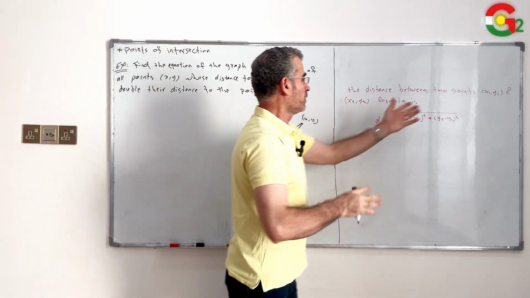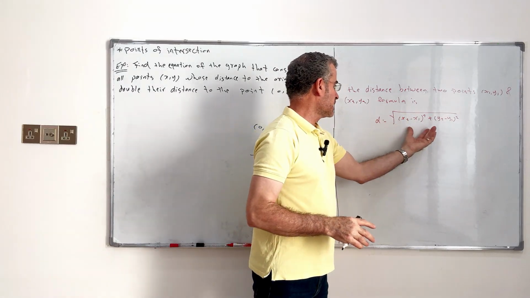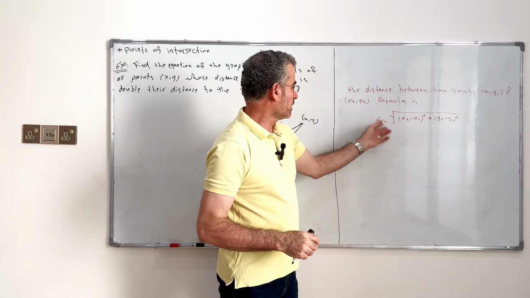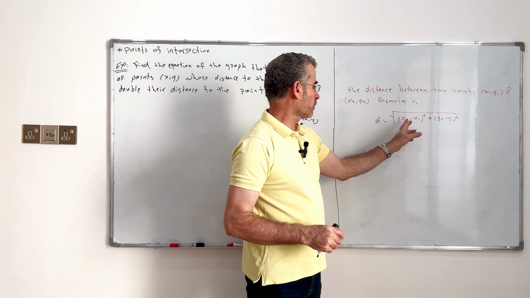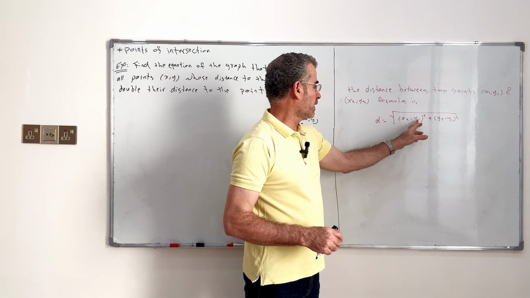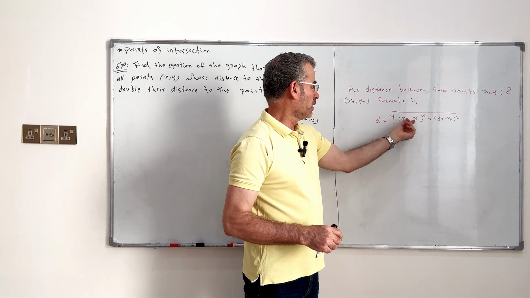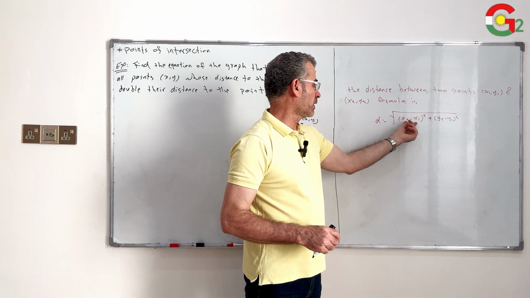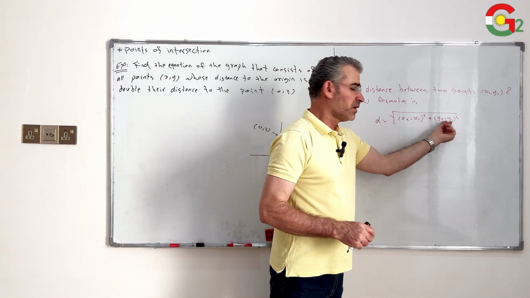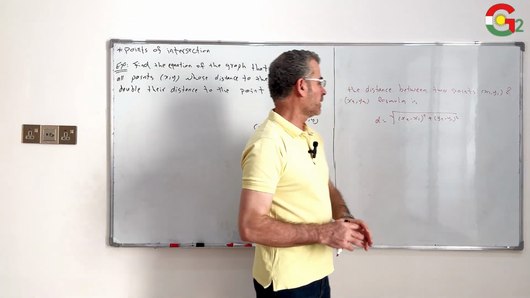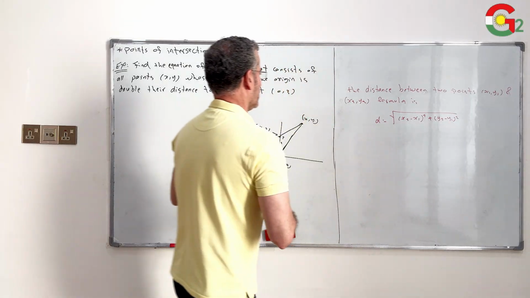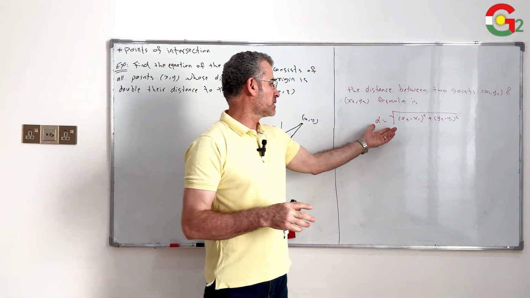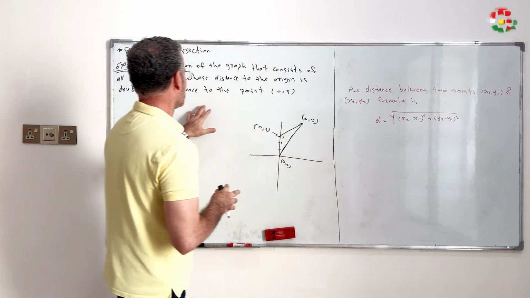The distance between 2 points formula, as we see here, is d equals the square root of x2 minus x1 to the power 2, the difference between the x coordinates, plus the difference between the y coordinates to the power 2. Let us use this formula to solve this equation.